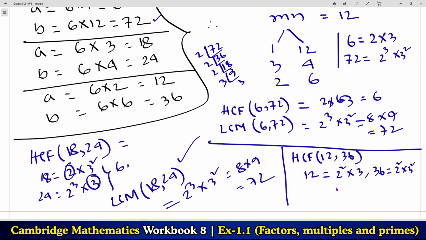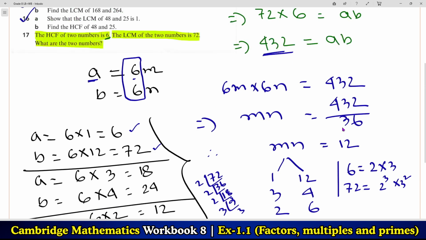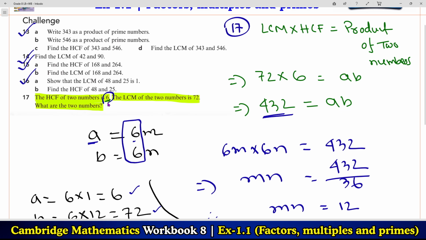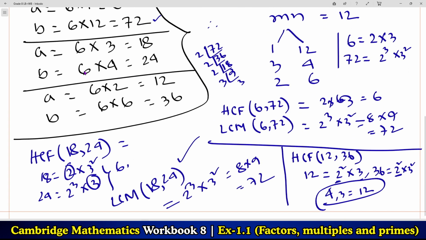So the HCF here is 2 square, which is 4, and here is a 3, so 12. We cannot take this one because our HCF should be 6, right?